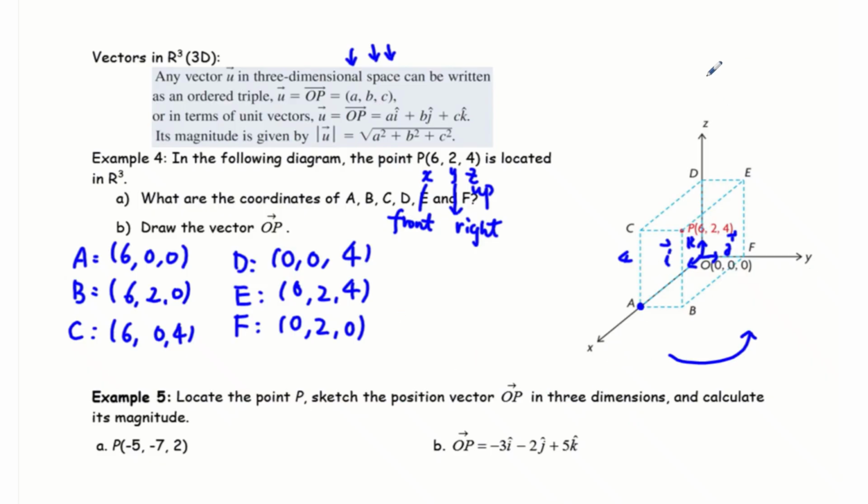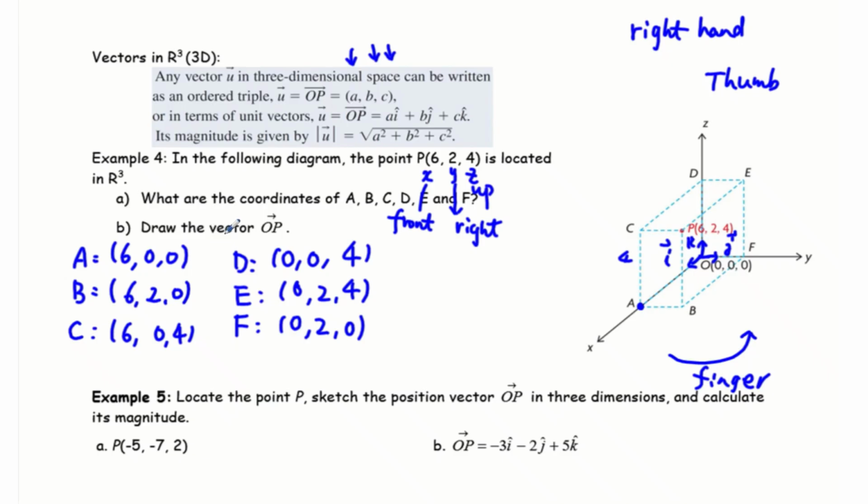So this is your thumb. This is your fingers wrapping from x to y. So x, y, then z.